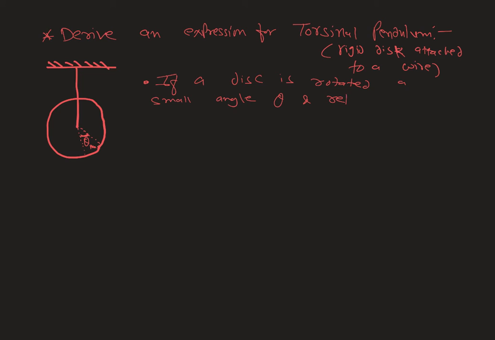In our simple pendulum, what we do is we bring the pendulum or the bob to one side and then let it go, so it goes back and forth. Here it's the same thing. We're going to turn the disc with the angle theta and then release it, so that it can provide a torsion pendulum too. So if a disc is rotated a small angle theta and released, the wire exerts a torque.